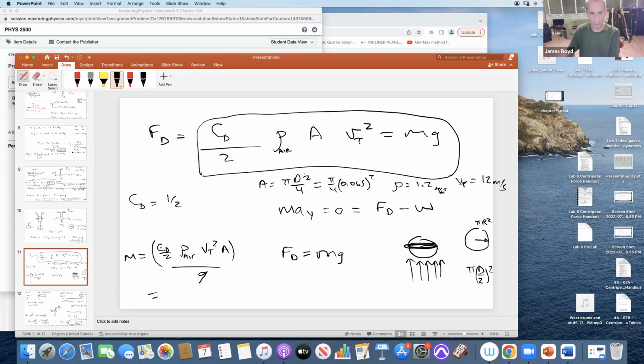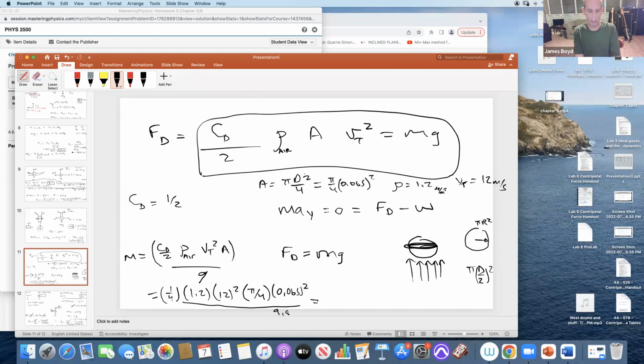If C_D is a half, this is a half times a half, so that's a fourth, times the density of air, 1.2, times terminal velocity squared, times pi over 4, times 0.065 squared, and this whole thing over 9.8.